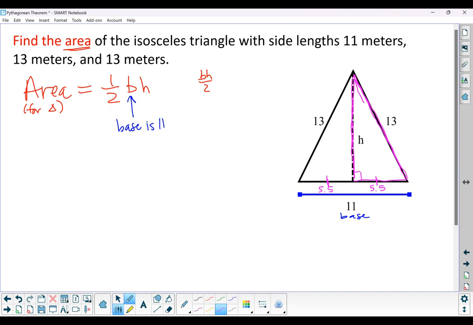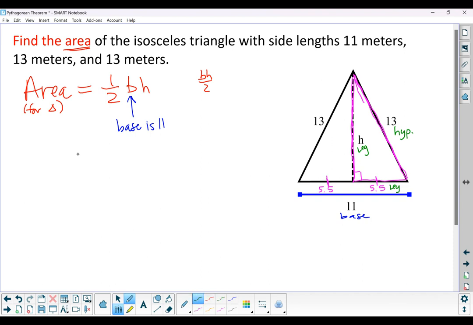It cuts it nice and evenly right down the middle. So we have a right triangle here where we have one leg that is length 5.5, and the hypotenuse is length 13. And h, the height of that triangle, is one of the legs of that right triangle.